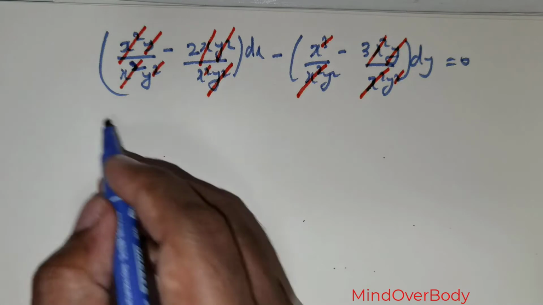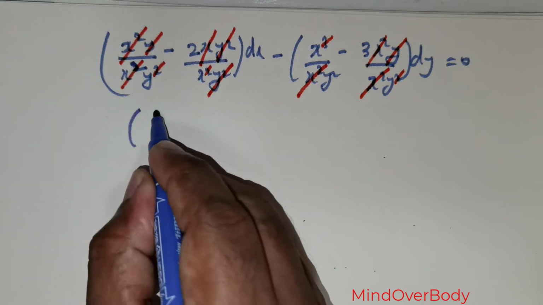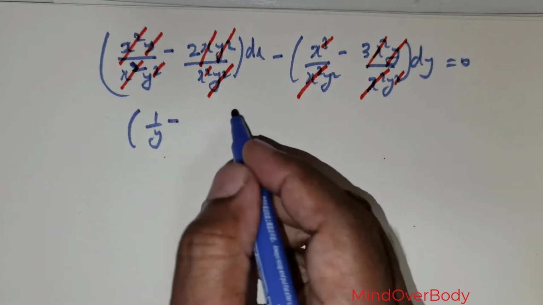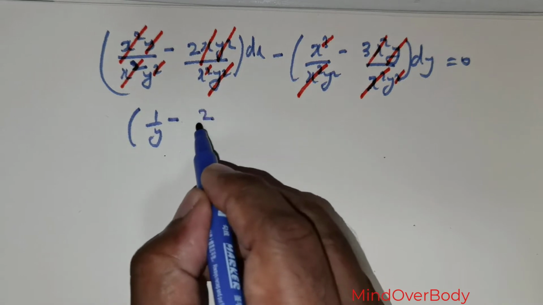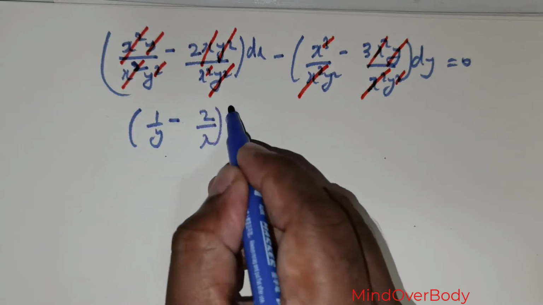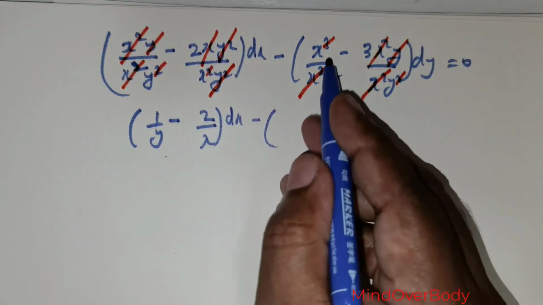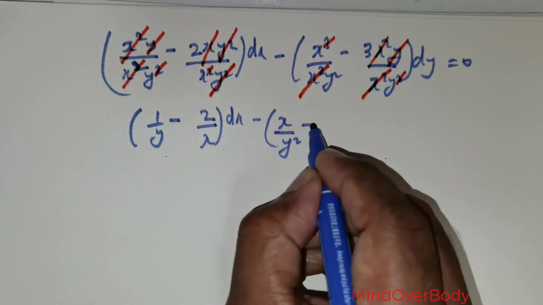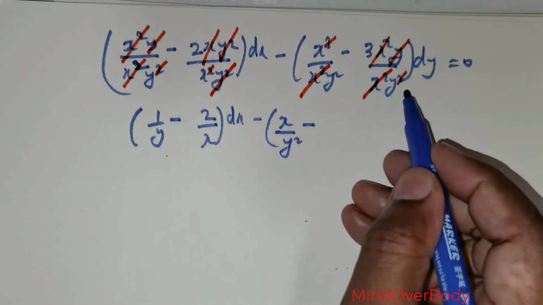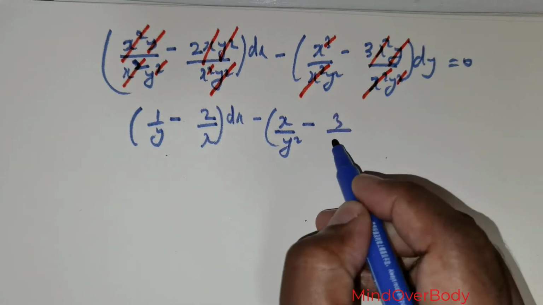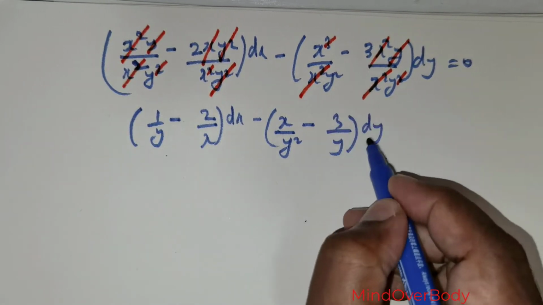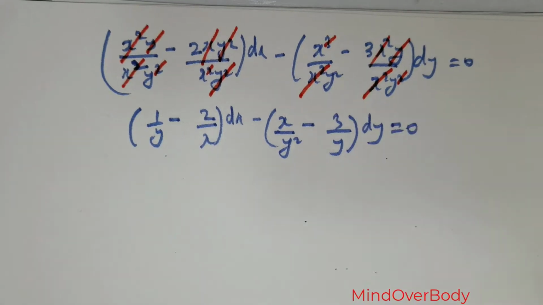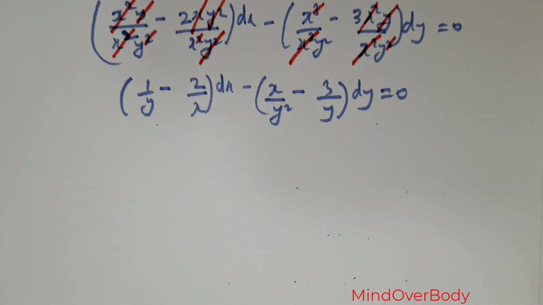So this is going to be (1 over y minus 2 over x) times dx, minus (x over y squared minus 3 over y) times dy, is equal to 0. So this is what we have got.